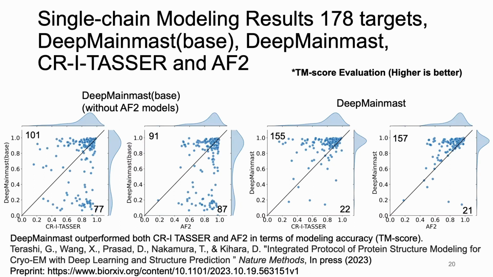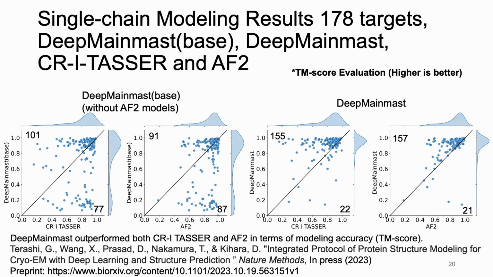So in the DeepMainmast base, the number of better models, higher is better. So our DeepMainmast base achieved a better result than the CRI taser, and also almost the same, but slightly better result than AlphaFold2. But we can see that for a lot of difficult targets, AlphaFold2 achieved better results than DeepMainmast.